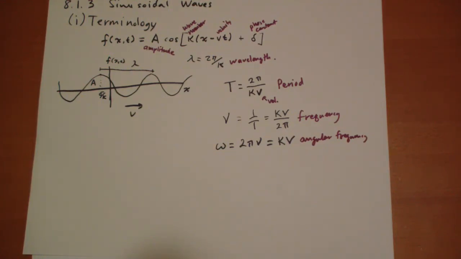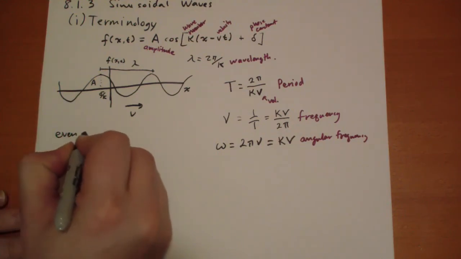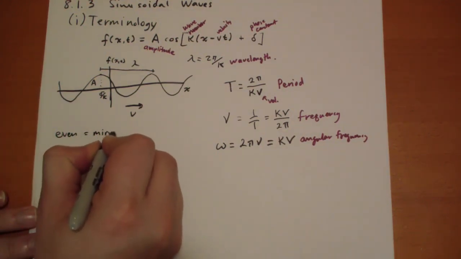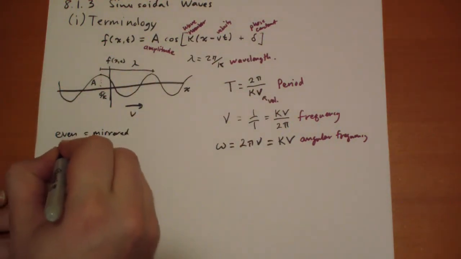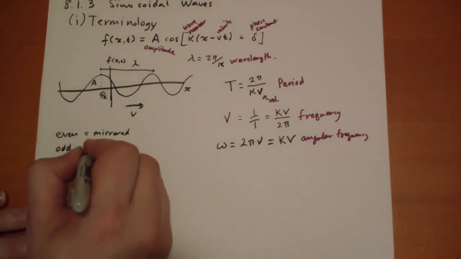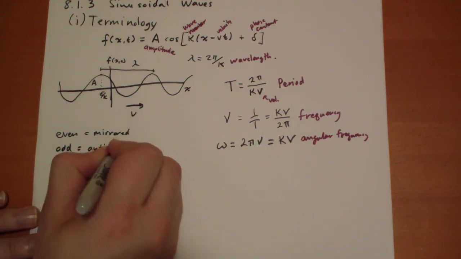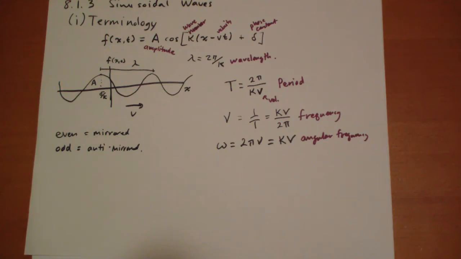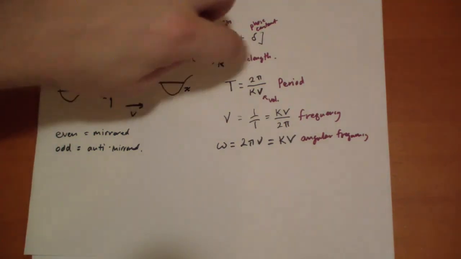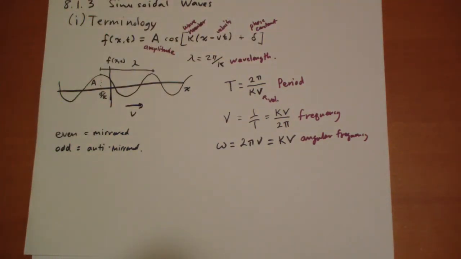Anyway, a cosine function is even. So let's write that down. There are even and odd functions. Even means it's mirrored around the origin. It looks the same on both sides. And odd means that they're anti-mirrored. It's like if you look in a mirror and you see the opposite of what you expect. So cosine is an even function, but sine is an odd function. So you can just as easily take the negative of the guts here, and everything will work out just fine.